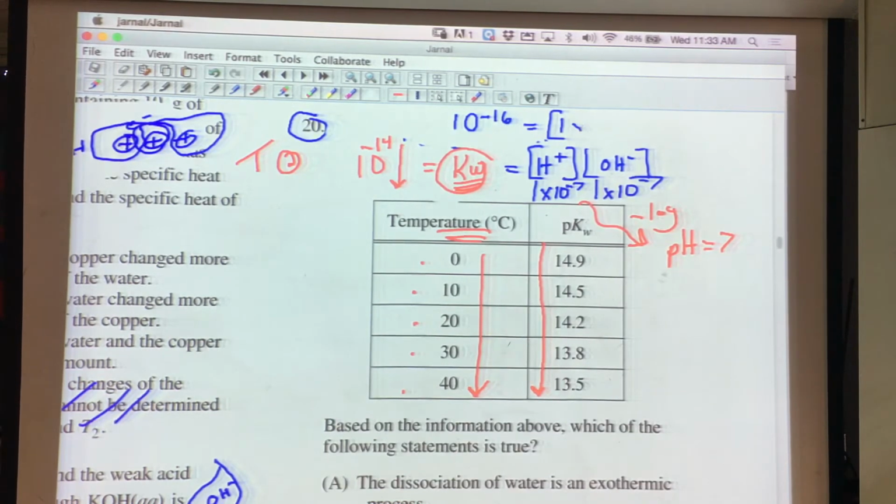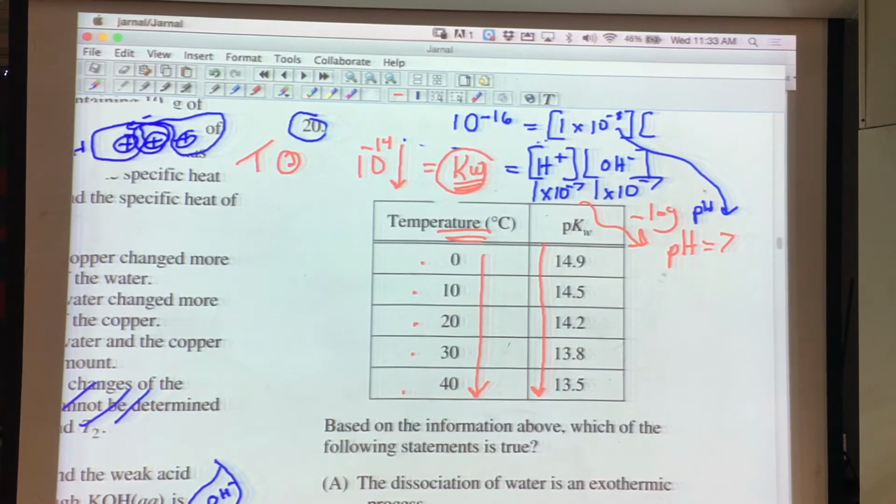Wouldn't this be 1 times 10 to the negative what? 8. Okay? And of course the pH would be what? 8. Now, you notice my number here is not consistent. What would be the pKw of this? What would be the negative log of this? 16, right, if it's a pKw. So I'm not going in the right direction, all right, or am I?